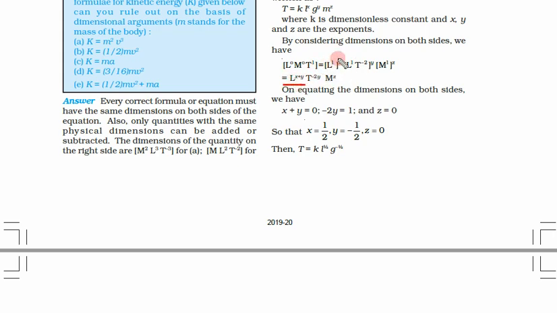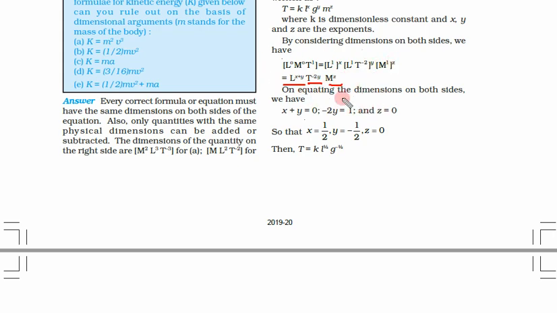L to the power x plus y. Now T to the power minus 2y, and M to the power z. After solving we get L to the power x plus y, T to the power minus 2y, and M to the power z.